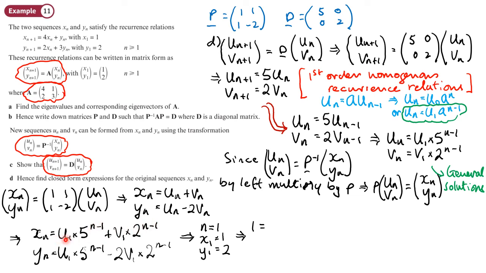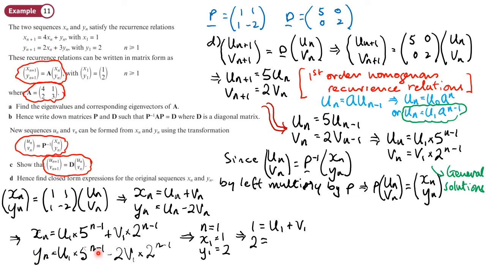So effectively all we'll end up with is u1 plus v1, because these are just going to become 1 because the power is 0. So we end up with 1 equals u1 plus v1. If we do the same with the bottom, here we're going to have y1, so that's 2.